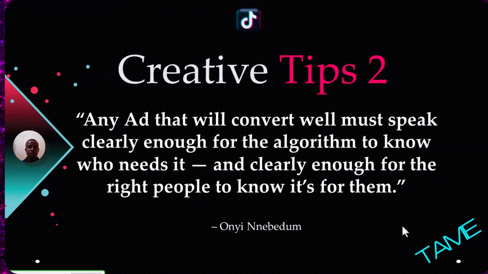So every creative that you are doing is supposed to communicate to the algorithm who the audience is that you are looking for for this product, and also should talk well about the offer such that when the algorithm presents it to the audience, they can easily get what you are saying. So you must do your job well to make your creative well defined. Otherwise, the algorithm will struggle to push it.